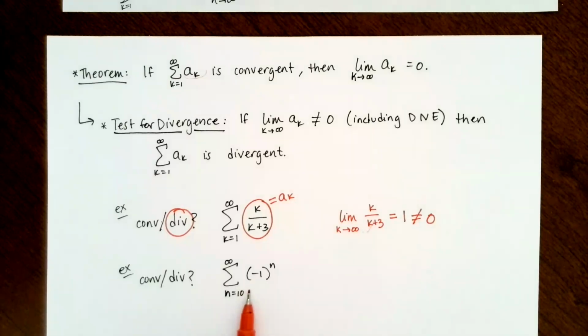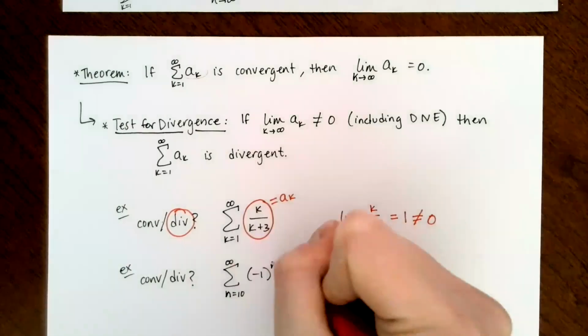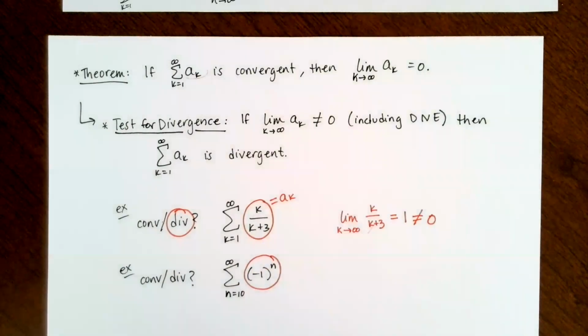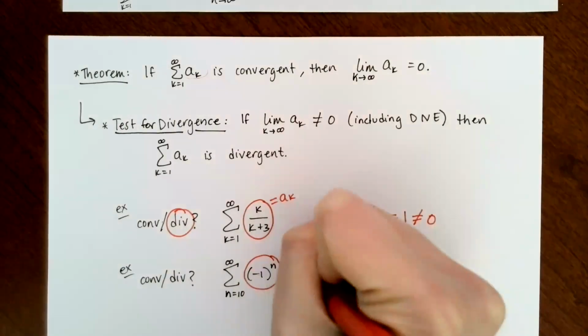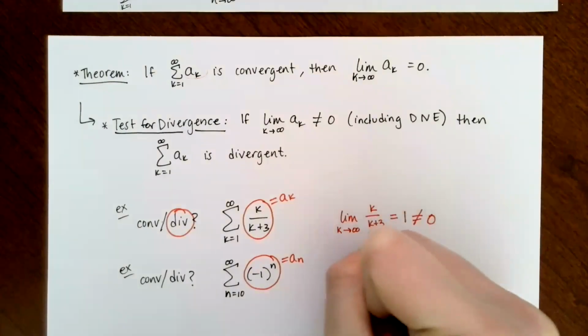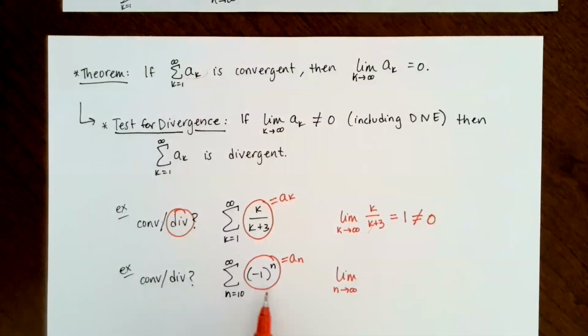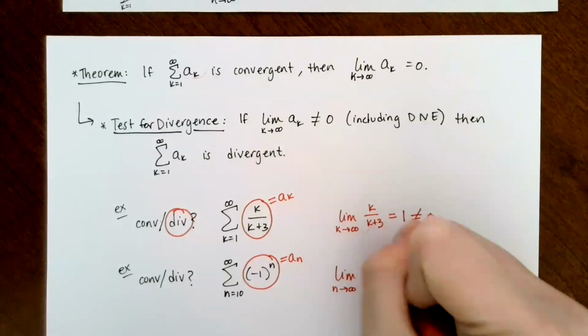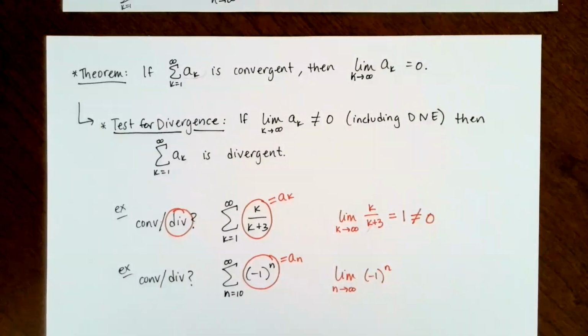Okay, so again, we are going to use the test for divergence and consider the limit of these guys. Technically, this is an a_n, since n is the variable. So I'll take the limit as n goes to infinity and put just that formula in there. This is a weird one.